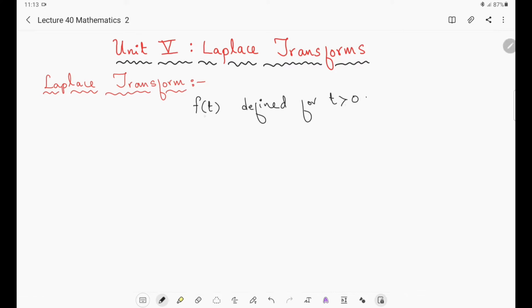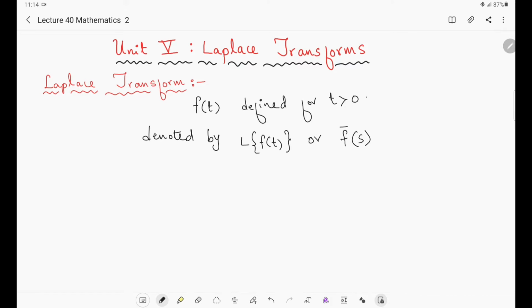Then the Laplace transform of this function is denoted by L of f of t, read as the Laplace transform of f of t. The notation is L of {f of t}, or one more notation is f bar of s.